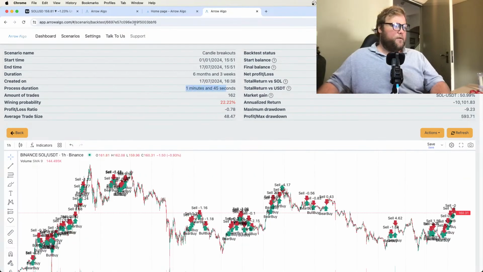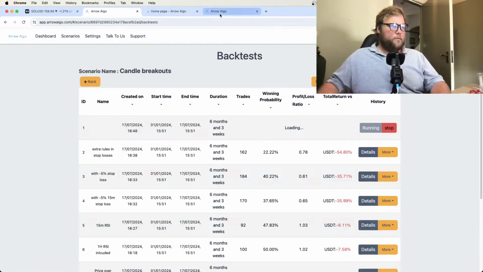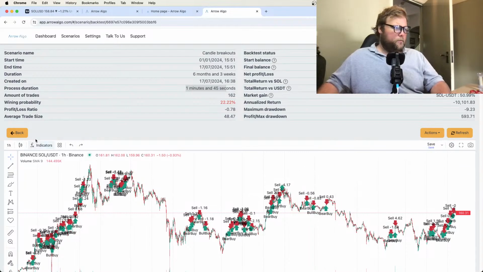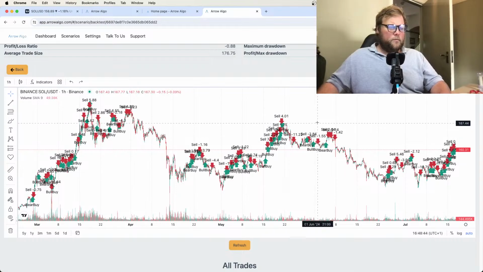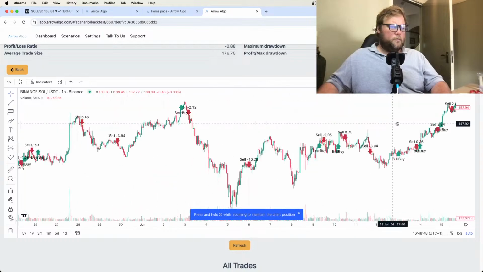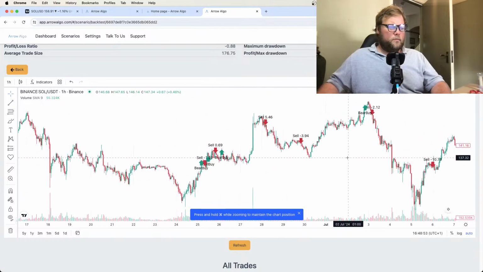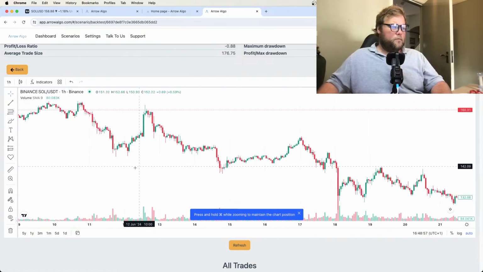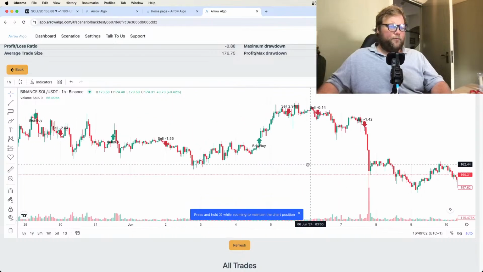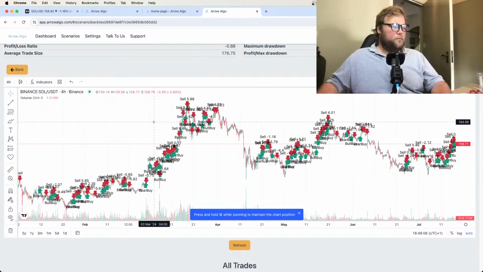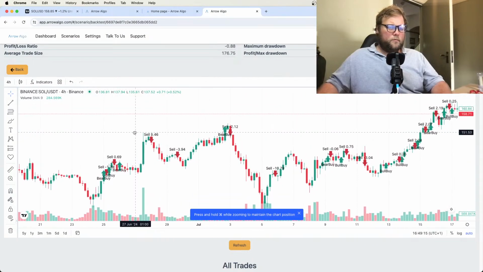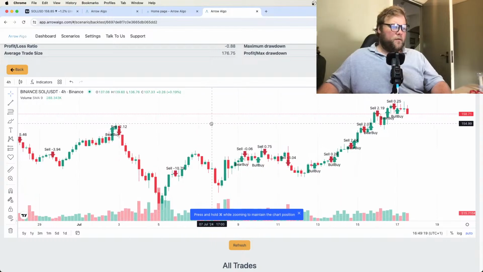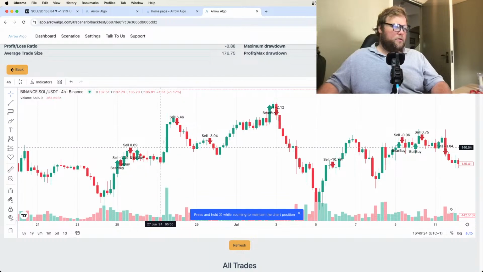That last back test we got down to 1 minute 45 seconds. And one thing that we do find, because of the nature of the way that we've set this sell, it looks for rising 4-hour candles, higher highs, and then a lower high.